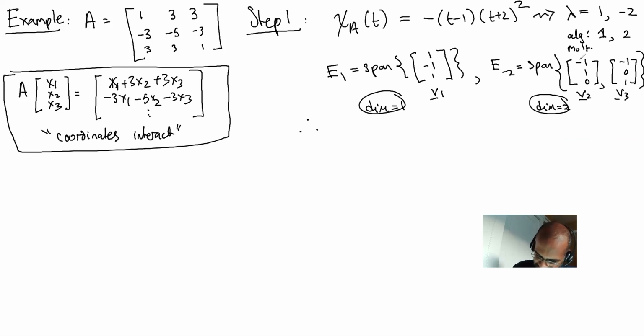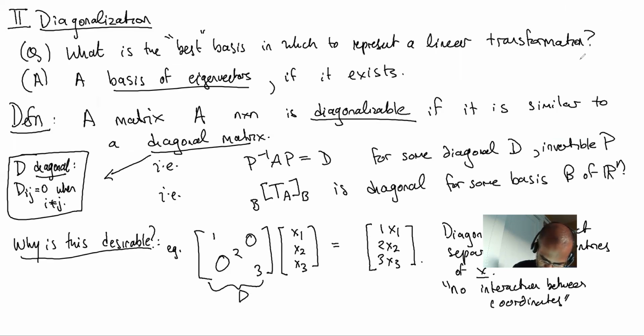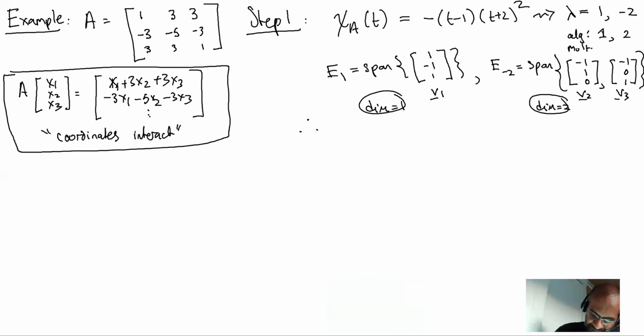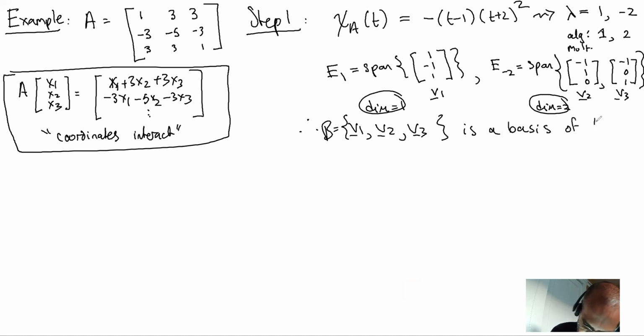So if I go back to the sufficient condition that I stated in the last lecture, if the dimensions of the eigenspaces are equal to the algebraic multiplicities, then you have n linearly independent eigenvectors. I mean, we could have just eyeballed that, right? These are distinct eigenvalues, and the union of these has to be linearly independent by that theorem from the last lecture. So V1, V2, V3, which I'll call B, is a basis of R3. So that's all stuff from the last lecture.